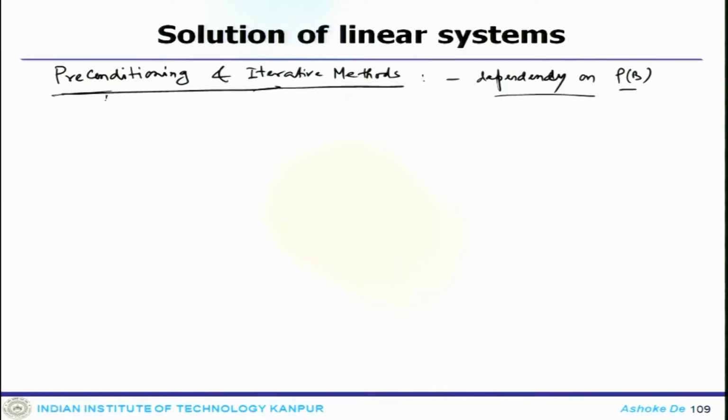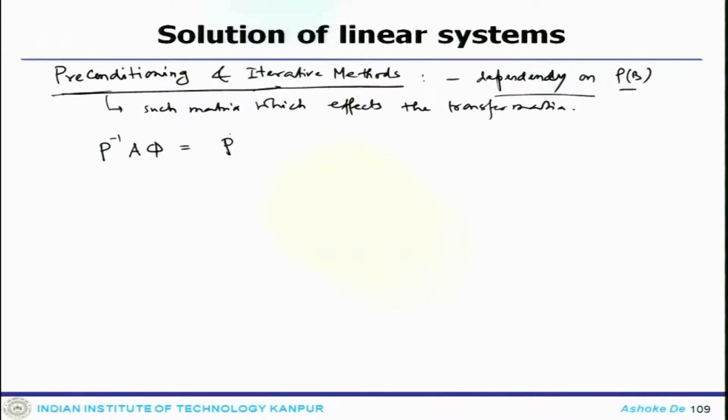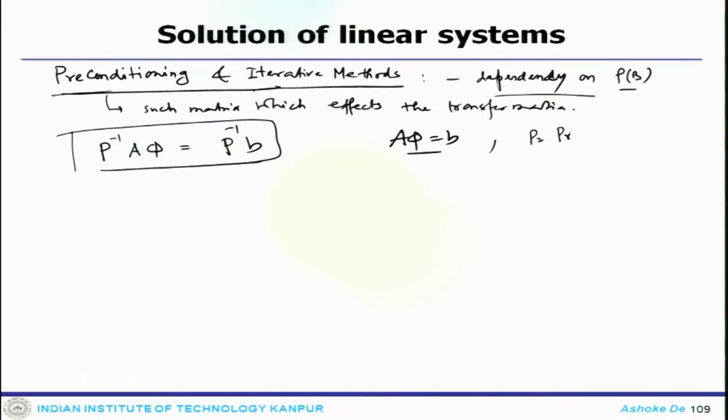The preconditioner is a matrix which affects the transformation of the system. So, P, which is defined as a preconditioner matrix, one can define as P inverse A phi equals P inverse b. So, what we are doing is solving the equation A phi equals b, and P is a preconditioning matrix.